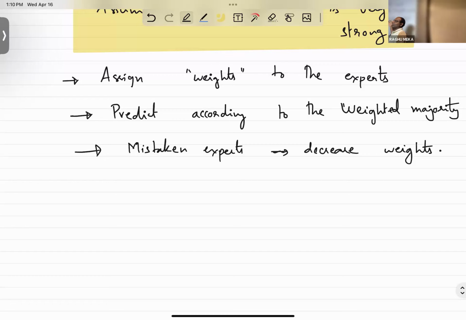You can also consider the flip side, where if an expert is correct, you increase their weight, but just stick to one. Doing both is unnecessary. It's equivalent. Whenever an expert makes a mistake, we decrease their weight by something. How much we decrease depends on the actual algorithm, right?